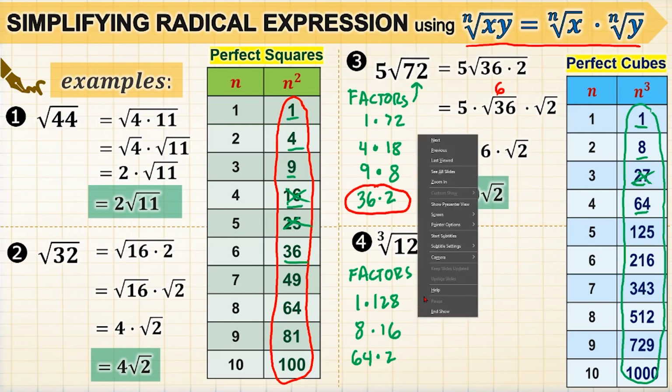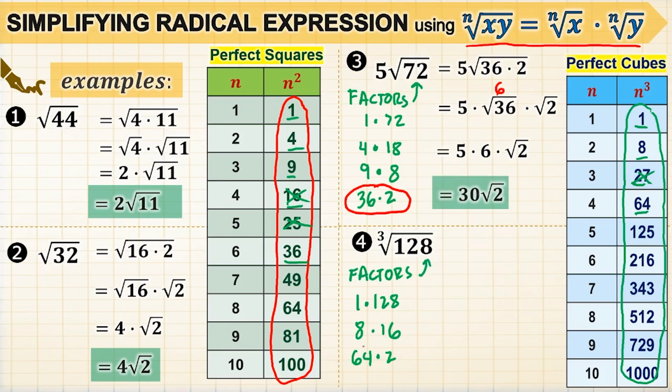So that means katulad lang din kanina, ang pipiliin nating set of factors would be 64 times 2. Kasi siya yung merong pinakamalaki na perfect cube factor which is 64. In this case, we can now rewrite cube root of 128 into cube root of 64 times 2. Then katulad lang yung law of radicals kanina, pwede natin paghiwalayin cube root of 64 times cube root of 2.